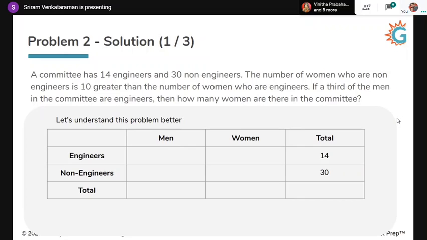So as and when I read the sentence, I'm going to fill up the table. Okay. Now the second thing is that the number of women who are non-engineers is 10 greater than the number of women who are engineers, right? So one way to do this is I'm just going to introduce some variable. Let the number of women who are engineers be X, and the non-engineers is X plus 10, right?